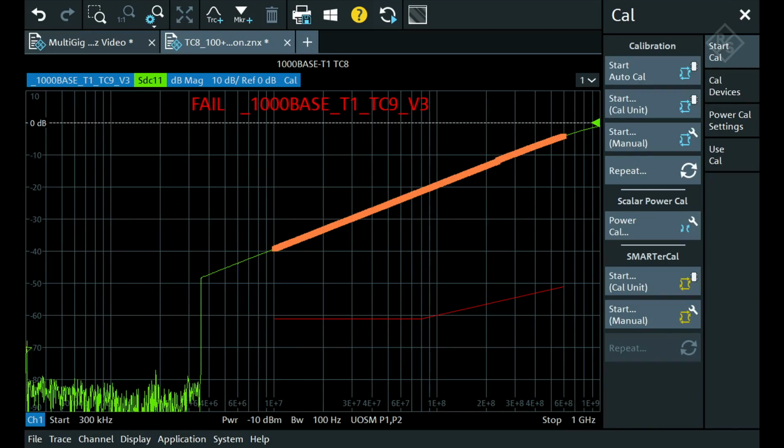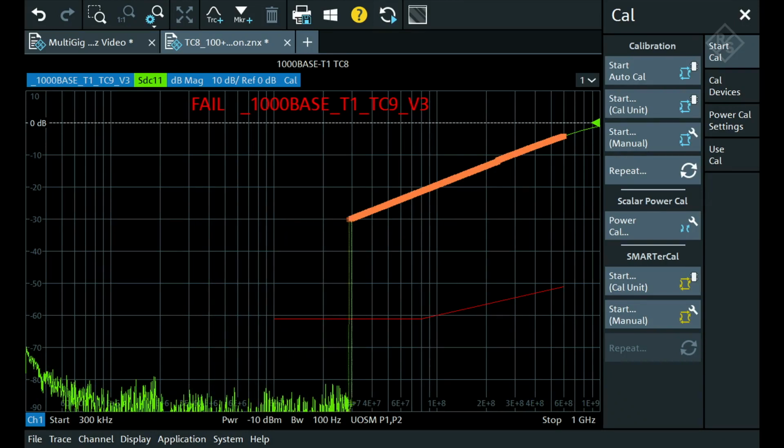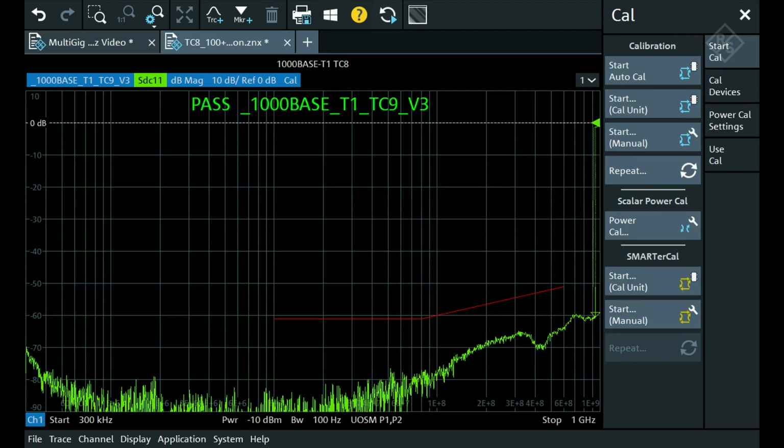So it takes some time to measure all the points from the measurement sweep. But you see now it's already done here, and you see as well this fixture is very well designed. So the mode conversion of this MDI test head or fixture is very good, and it stays as well 15 dB below the limit line.